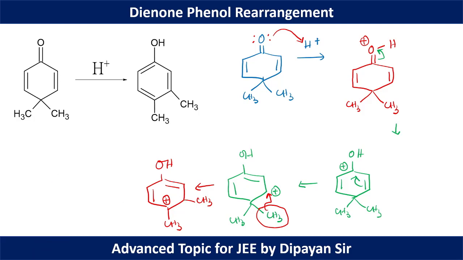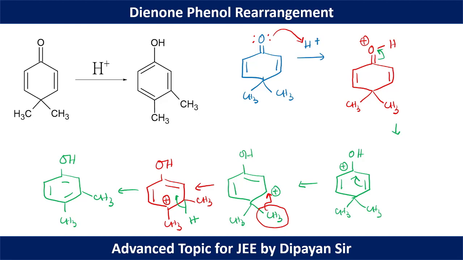Now we have one hydrogen here. If we cleave this CH bond, finally we can have our desired product by one rearrangement which is known as dienone phenol rearrangement. I hope from this mechanism you can understand the proper way of dienone phenol rearrangement.